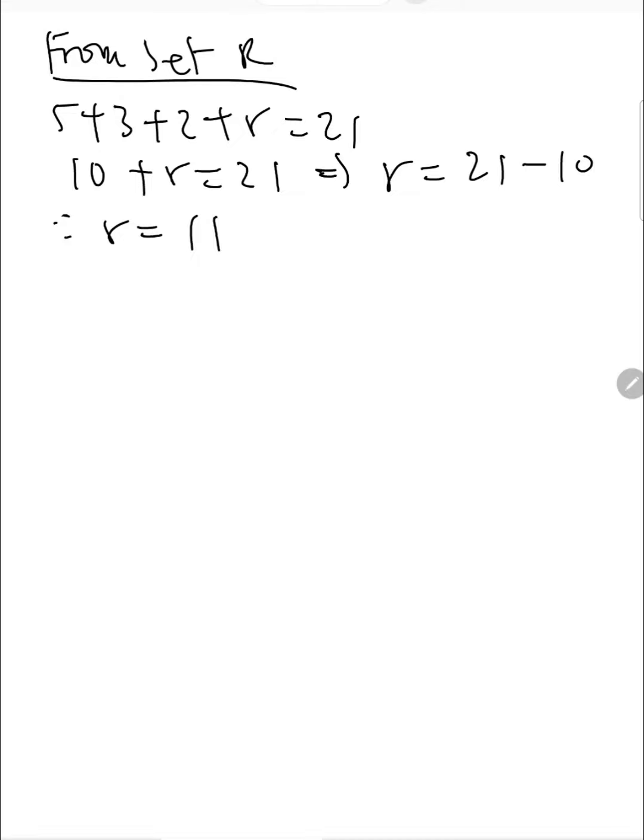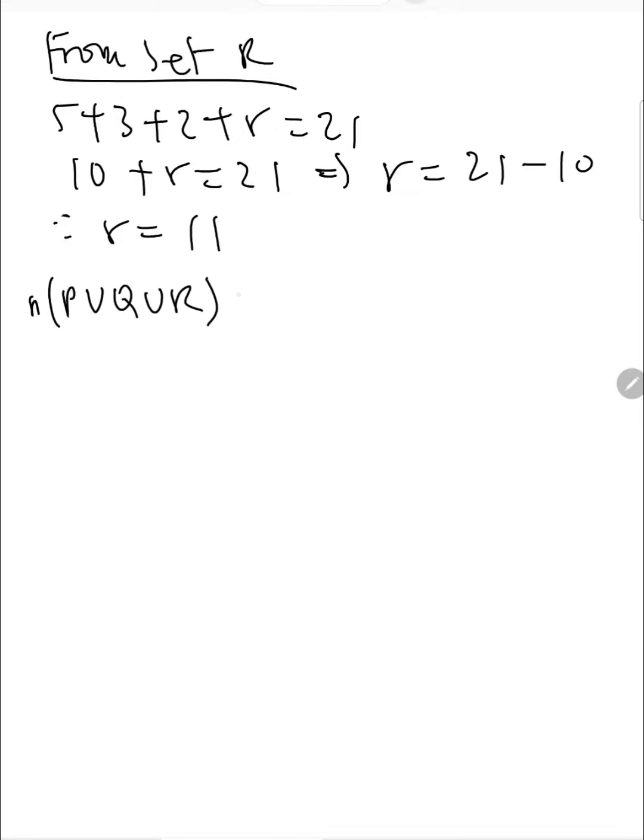So we have 10 plus R is equal to 21. So R is equal to 21 minus 10. So R is 11. Okay. Good.